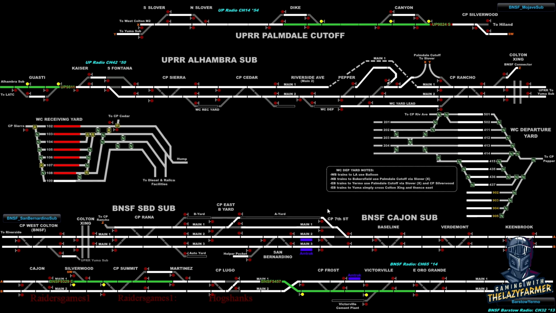Okay, this is where I'm at. Yep, San Bernardino area. The train we were looking at is right here around Vermont, and this is the San Bernardino subdivision yard. We're going to work between this area and where I'm at just to show you what we can do as far as keeping cars on the map.